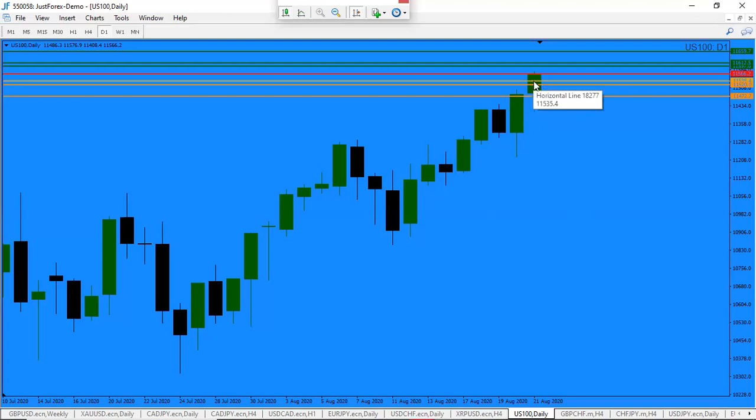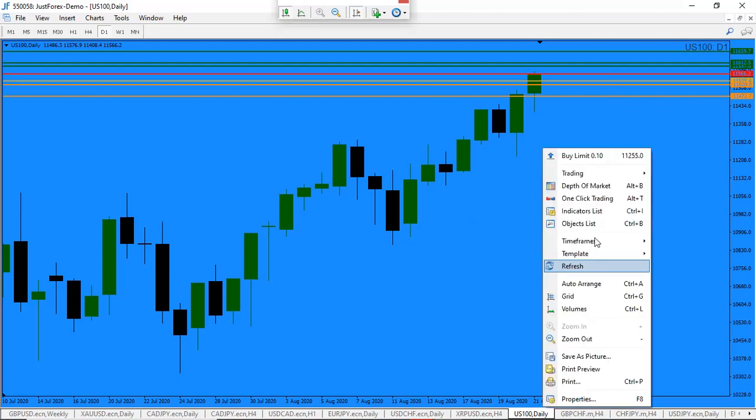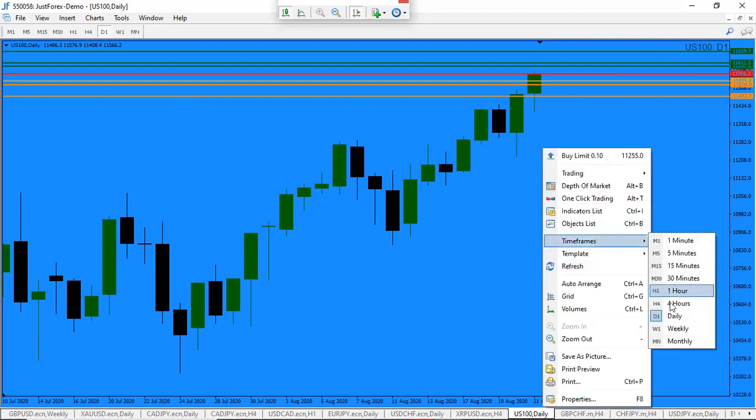So it means the market is telling us that Nasdaq is still on the rally, still on the bullish trend. Remember again, you must first analyze on higher time frames in order for you not to trade blind and for you to see the direction clearly. So now let's just move on to 4 hour.